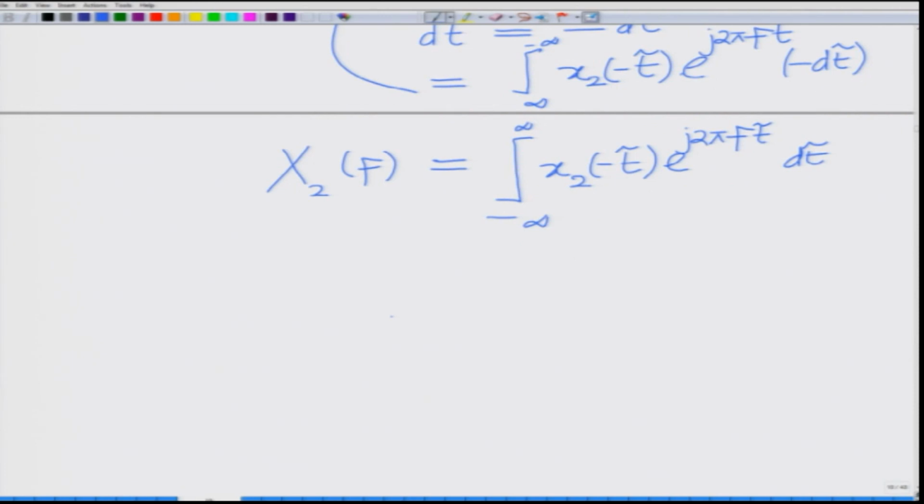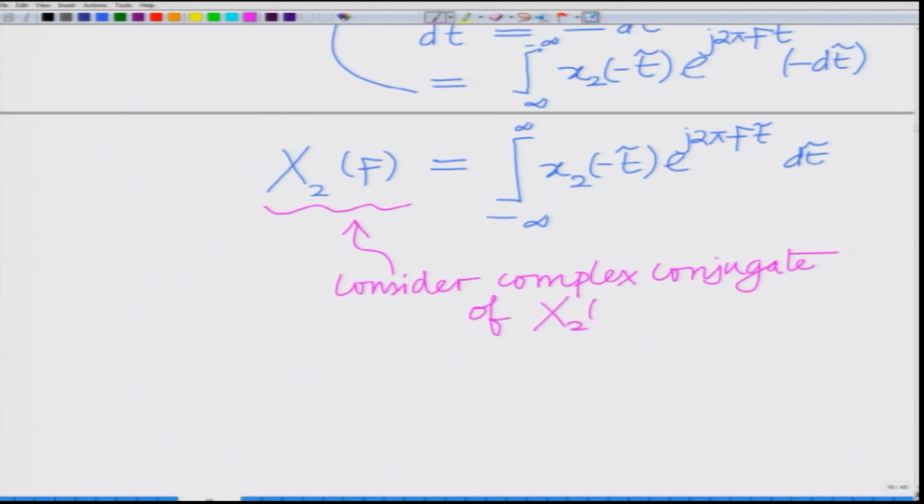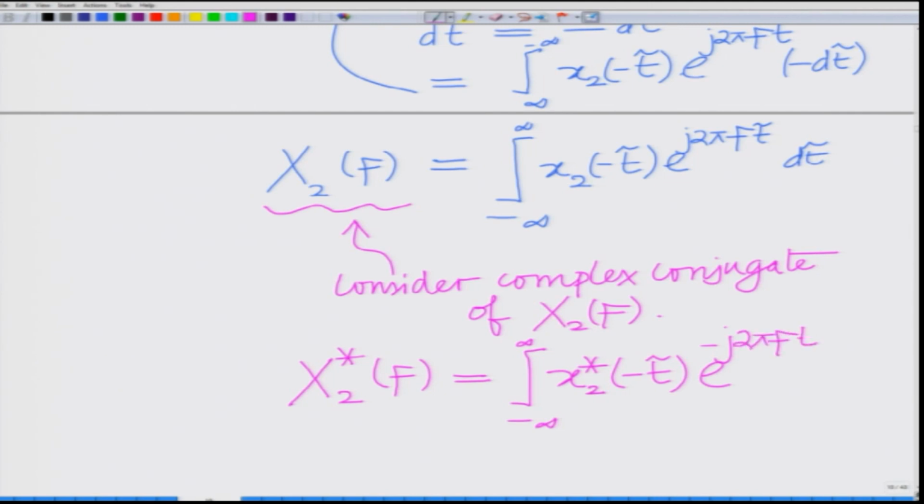Now, if we consider the complex conjugate of x2 of f, I have x2 conjugate of f equals the integral from minus infinity to infinity of x2 conjugate of minus t tilde e to the power of minus j 2 pi f t tilde d t tilde.